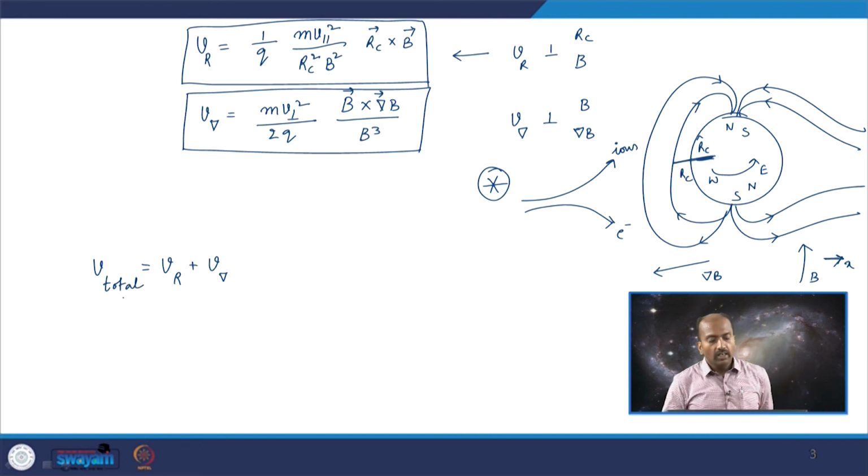The idea is that it is not possible to have drift velocity only due to the gradient, because a gradient in the magnetic field imposes that there should always be a curvature. So, any realistic magnetic field should always have the curvature as well as the gradient. Then we define the total drift velocity of a particle which experiences a magnetic field. That means any magnetic field will have the gradient part as well as the curvature part.